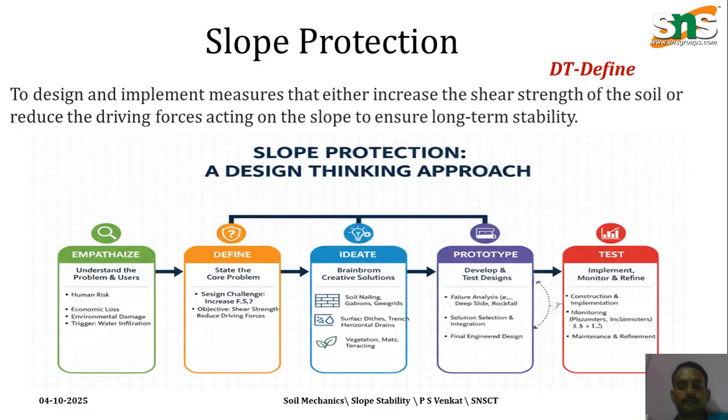What are all the steps we are going to adopt in order to improve these conditions? Ideate is the different methodologies adopted in order to provide the best possible solution to the above problem. The suggested methods are geotextiles, gabion walls and soil nailing.